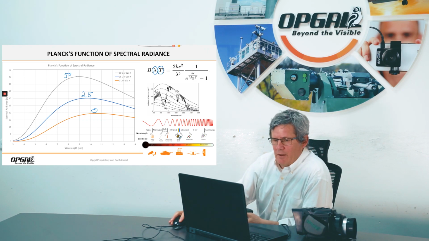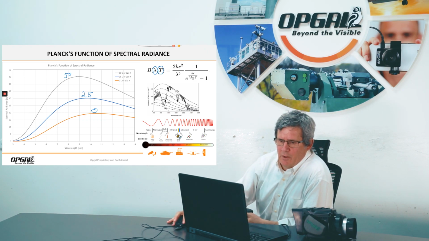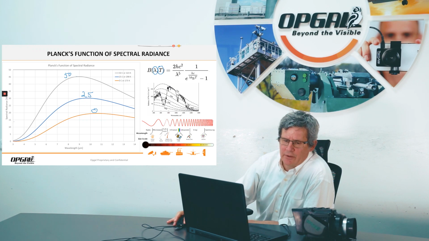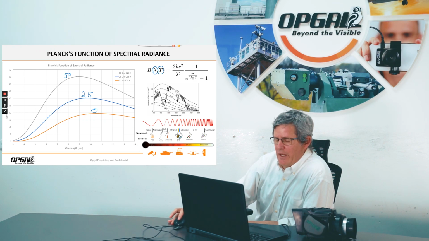We can see that the higher temperature curve will always have more energy emitted at the same wavelengths, at any wavelengths. So it doesn't matter which wavelengths we detect the energy. If it has higher temperature, it will have more energy coming to the detector.